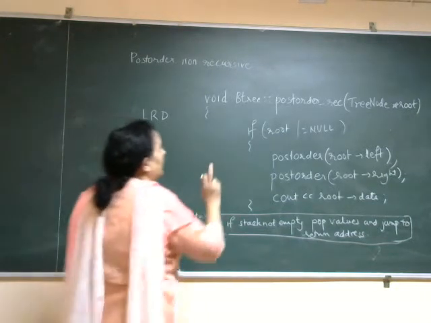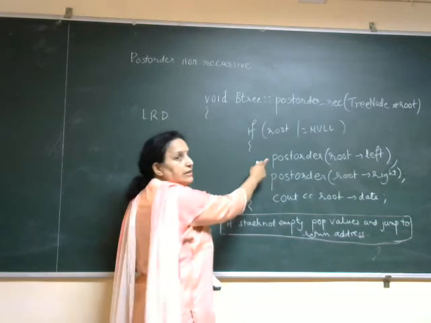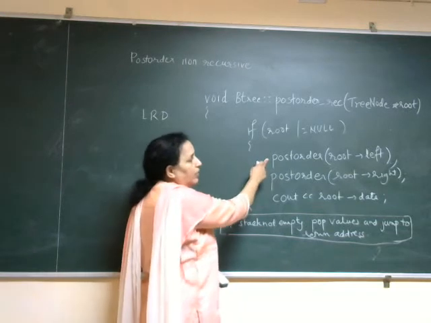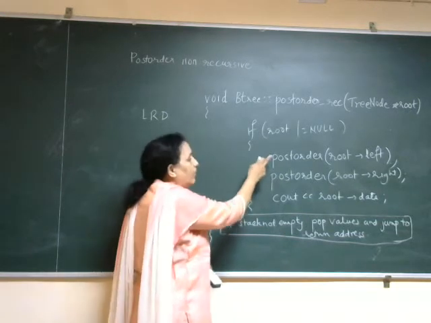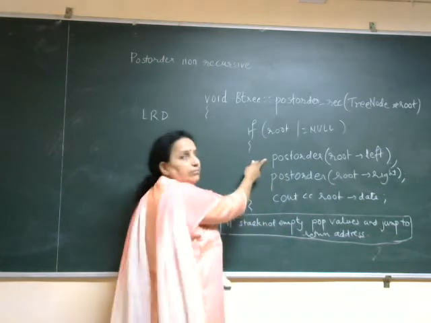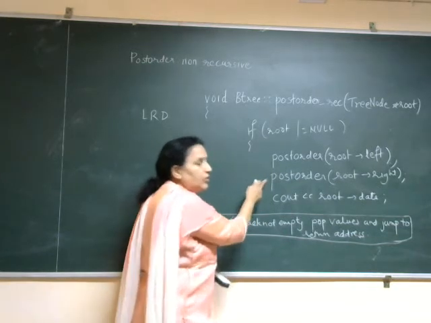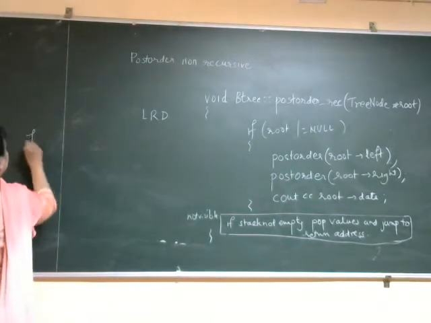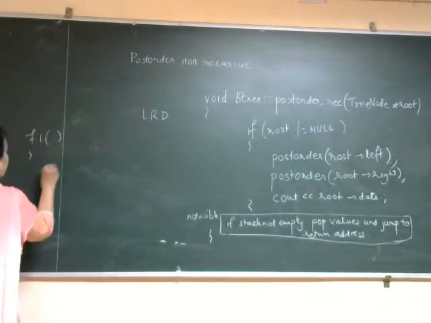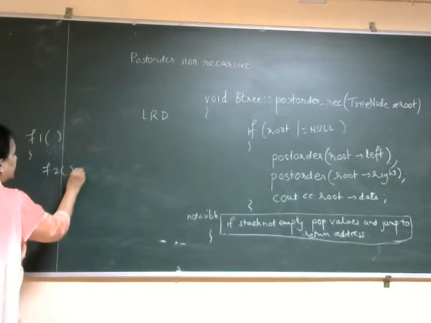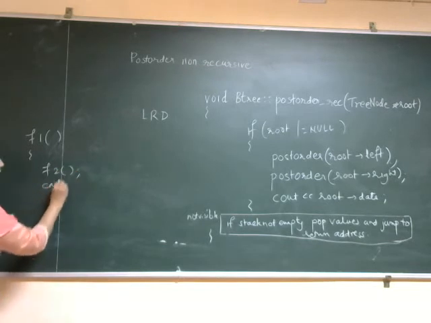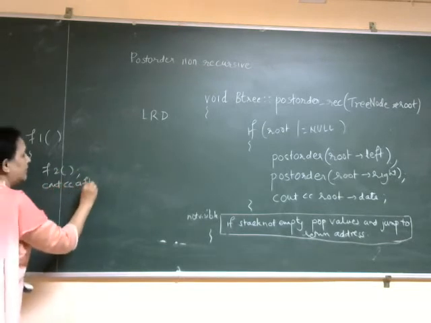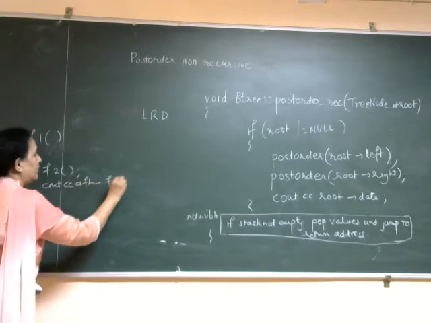Now over here we are calling post-order with root pointer left. After completing this call, where should it come? It should come to the next statement. Suppose I have written my function f1, and in f1 I have called f2, and then I say cout after f2.